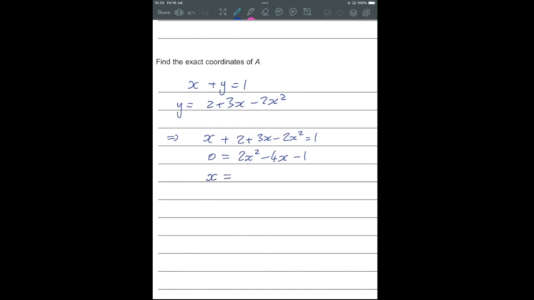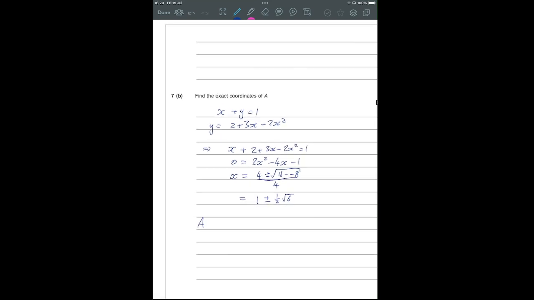So using the quadratic formula, negative b plus or minus the square root of b squared minus 4ac, where 4ac is negative 8, all over 2a. So it's going to be 1 plus or minus, well, root 24 is 2 root 6, that's a half root 6.